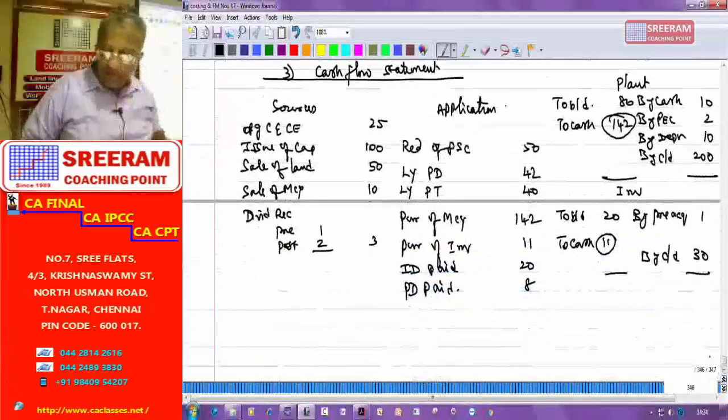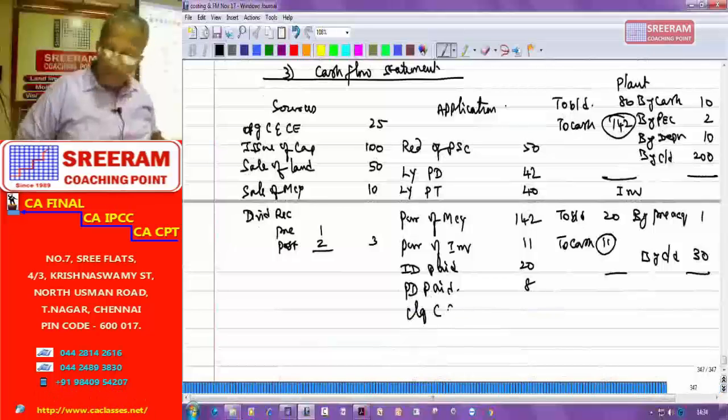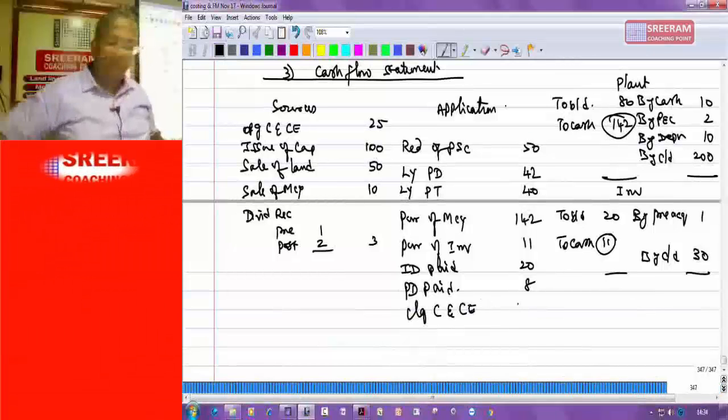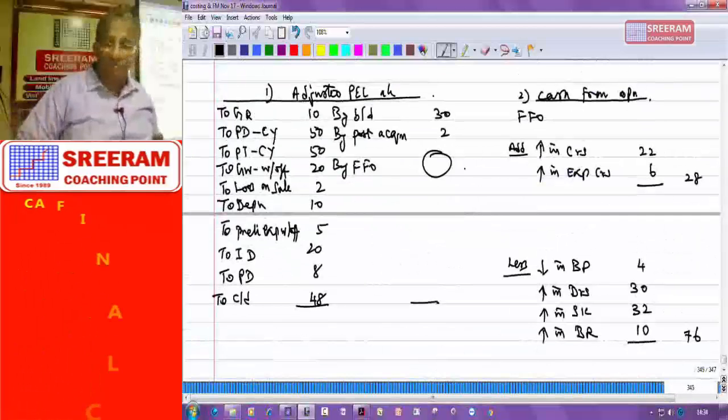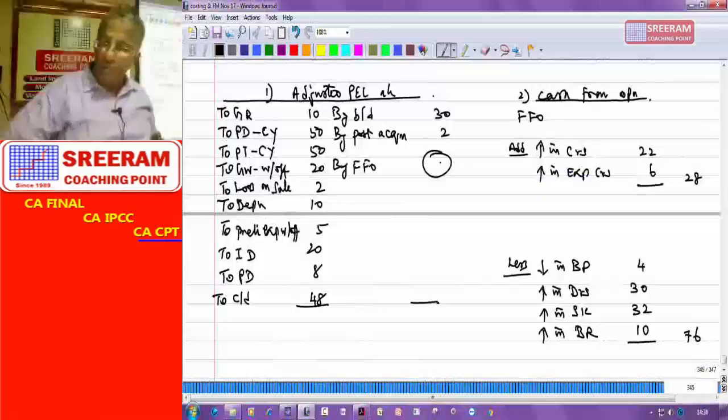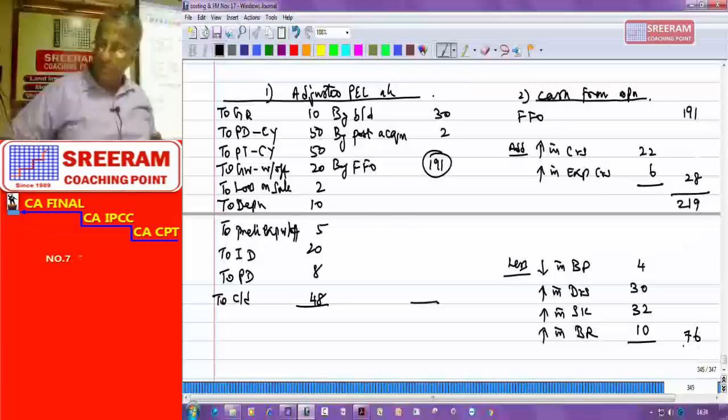Closing cash and cash equivalent 18. We have taken up all items. Now what is the balancing figure of funds from operation? 191. 143.